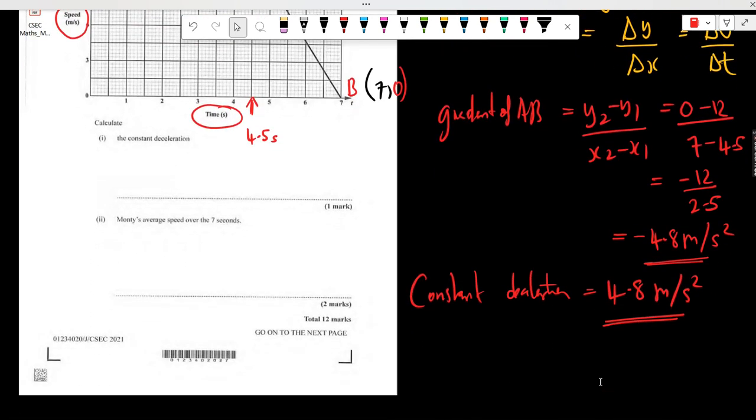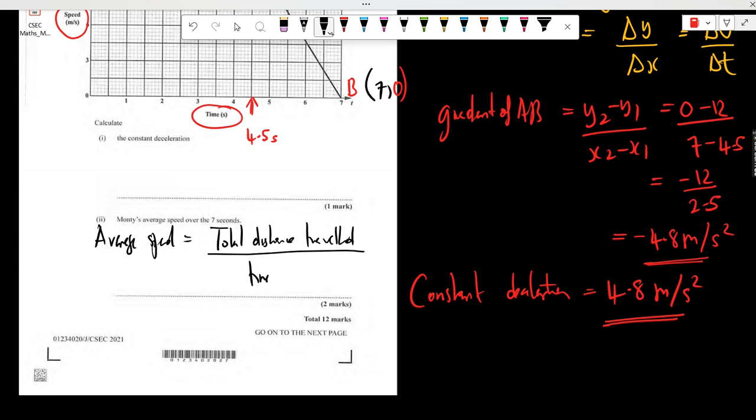No. This is the formula for average speed: the average speed is equal to the total distance traveled divided by the time taken. That is how you find average speed from a speed-time graph.